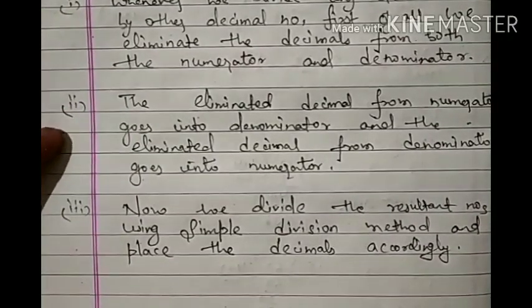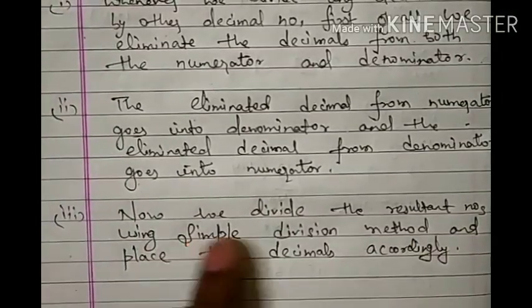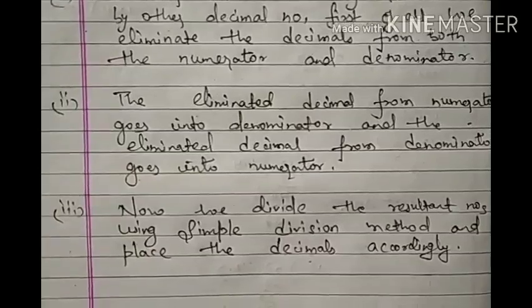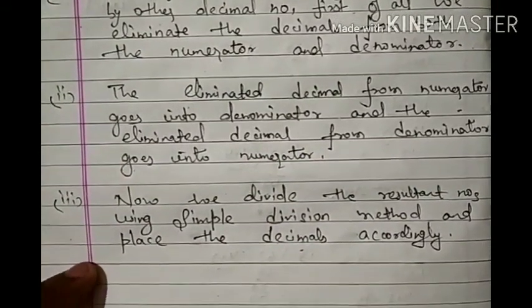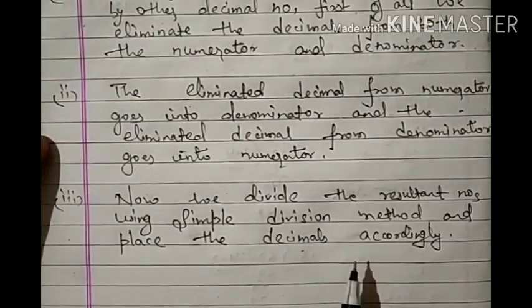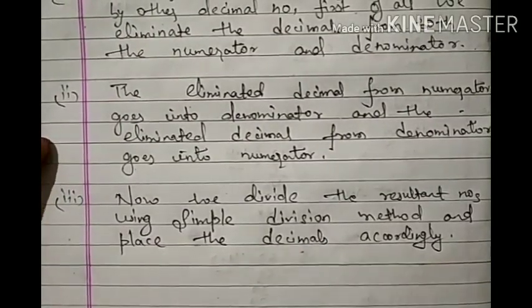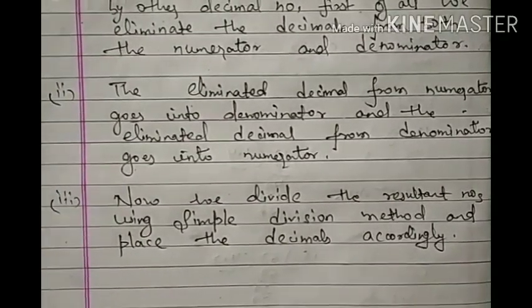This is the third point. After completing step 2, we simply divide the numbers using the division method and place the decimals accordingly. It means that wherever we need to place the decimals, we will put the decimals. I hope it is clear to everyone.